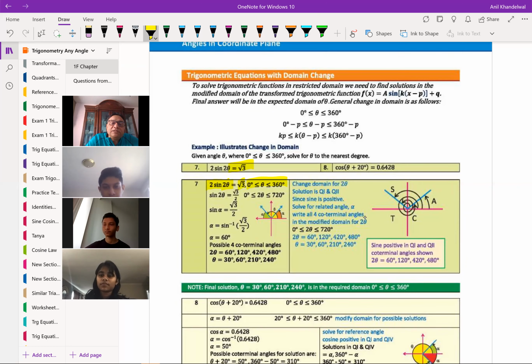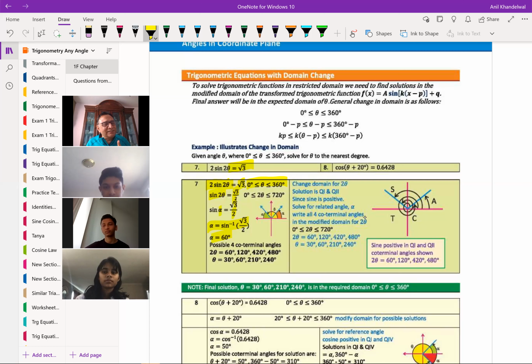Now, if you land in such a situation, you could first rearrange it: sine 2 theta is square root 3 over 2, correct? And you can find your acute angle alpha, just as we did earlier. You know from a special triangle, unit circle, or your calculator that the related acute angle alpha is 60 degrees. Now, let's get to the other possible solutions within the given domain.